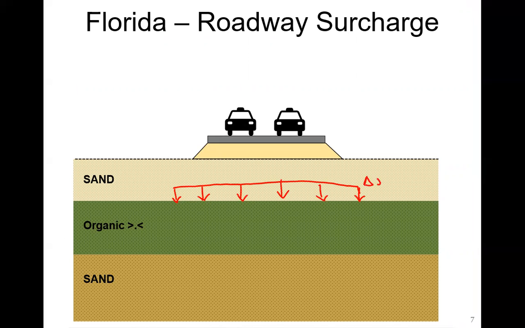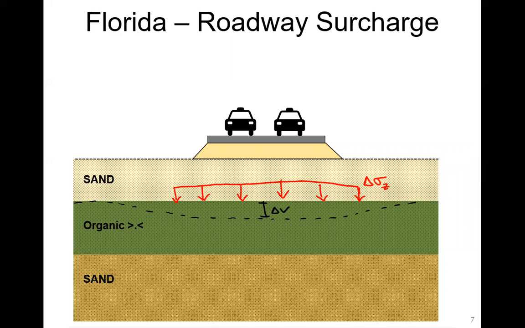So we're going to have some delta sigma Z at this organic layer. This delta sigma Z, due to this loading, is going to cause a settlement. It's going to cause a change in volume, delta V, a settlement.